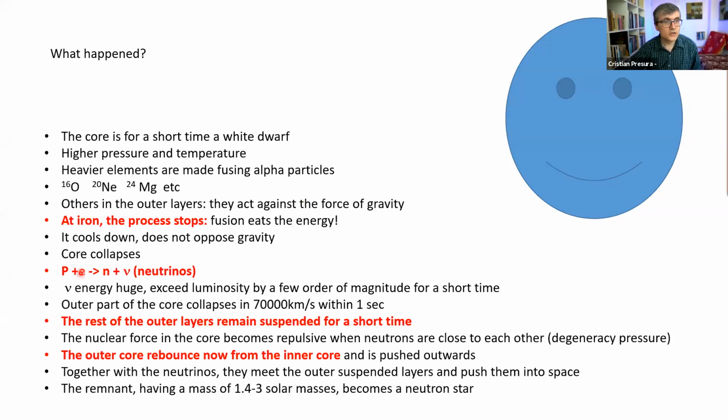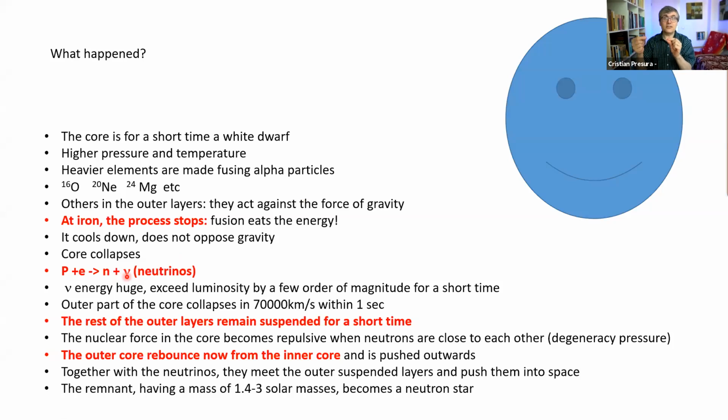When the outer part of the core starts to collapse, it goes inside, it becomes smaller and smaller, and then you have the atom, which is formed by electrons going around the nuclei, around the protons and neutrons.